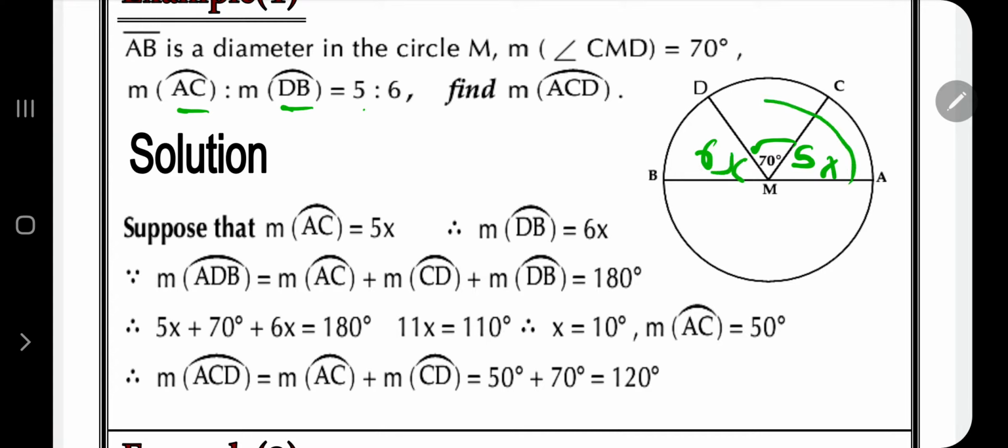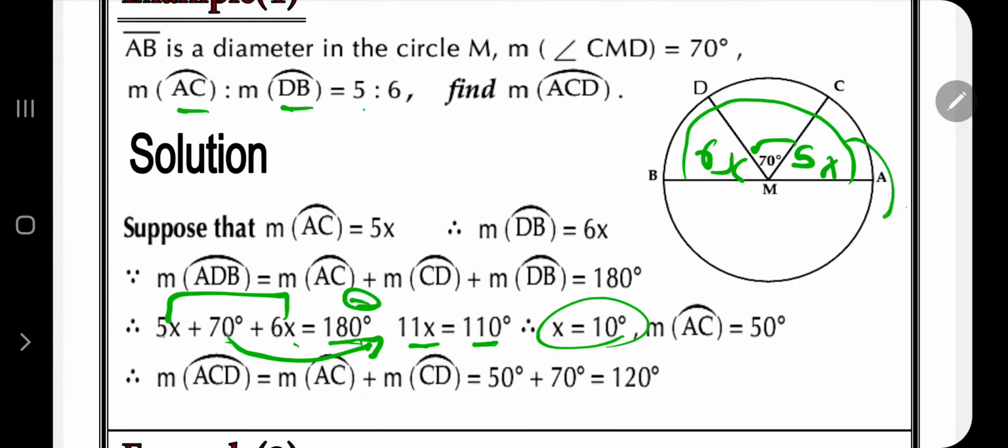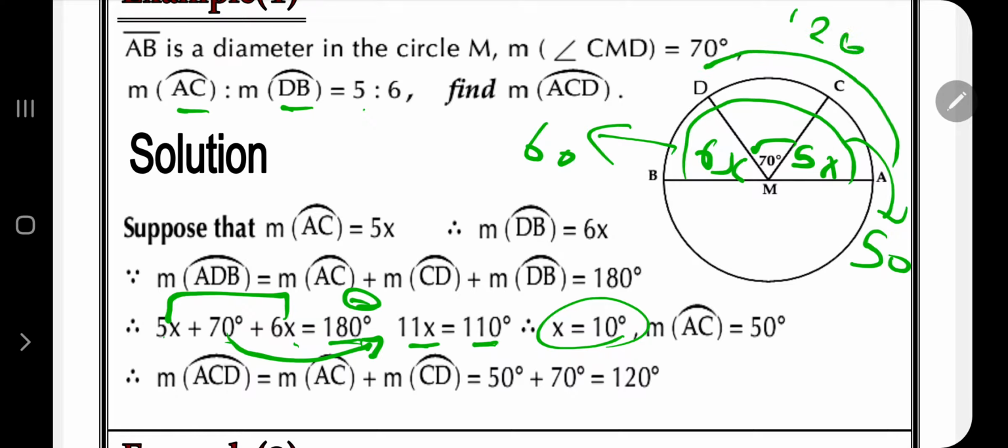As you know, the measure of the three angles equals 180, so 5x plus 70 plus 6x. 5 plus 6 equals 11, and I will move 70 to the other side with a negative sign. 180 minus 70 will be 110. x will be 110 divided by 11, so x will be 10. So AC equals 50 and BD equals 60. After that, I will find the measure of arc ACD. 50 plus 70 equals 120.